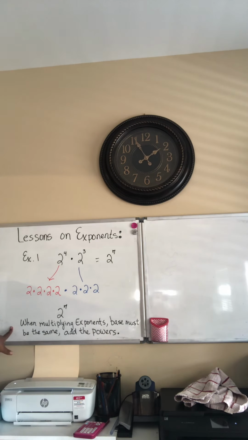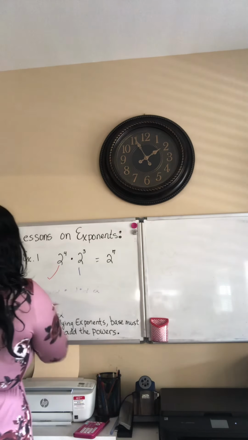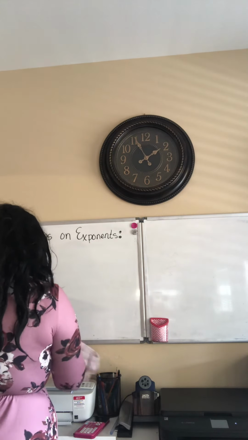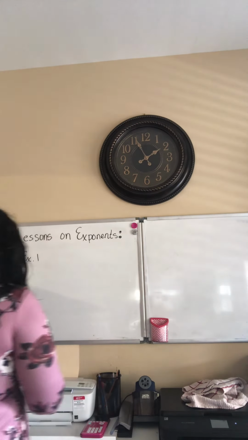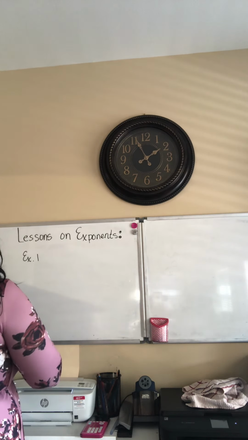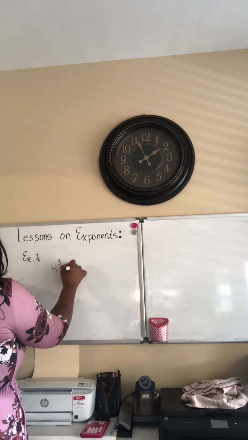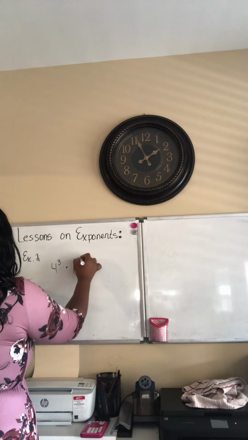All right, so very simple. The base has to be the same, and then you add the powers. So let's see what happens if we have one where the base is not the same. Let's say we have, we'll change that to example 2. And let's say we have 4 to the 5th power times 16 squared.